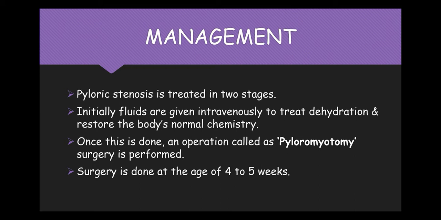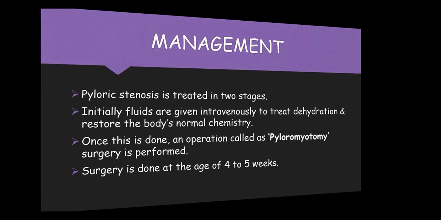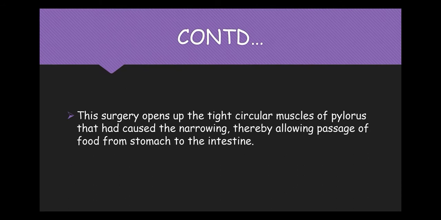It is a type of surgery which is done to widen the baby's pylorus. In this, the surgeon makes an incision in the wall of the pylorus. The lining of the pylorus bulges through the incision, opening the channel from the stomach to the small intestine. This surgery is performed at the age of 4 to 5 weeks.